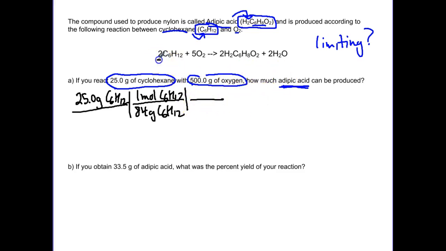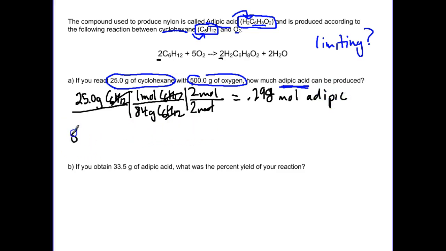So let's look at the coefficients. It's 2 to 2. So 2 moles to 2 moles. So if I do the math, I'm going to get 25 divided by 84, which is going to give me 0.298 if I round it up. Excuse me, I wrote grams, but in reality that is moles of adipic.